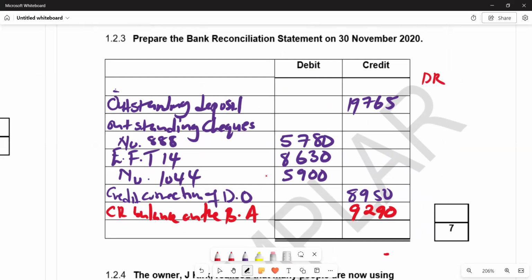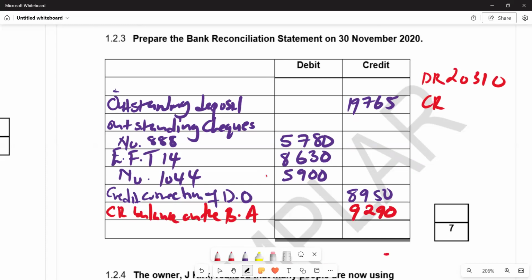5,780. And then we add your 8,630. And then we add your 5,900. And then we are going to get 20,310. Then the total of the credit, we are going to say 19,765. And then we add 8,950.